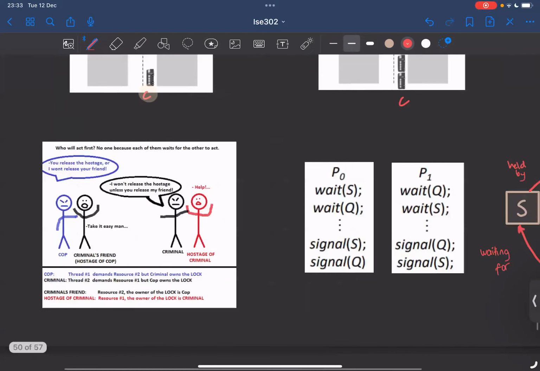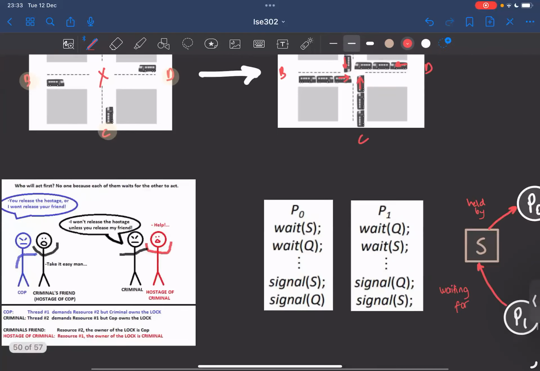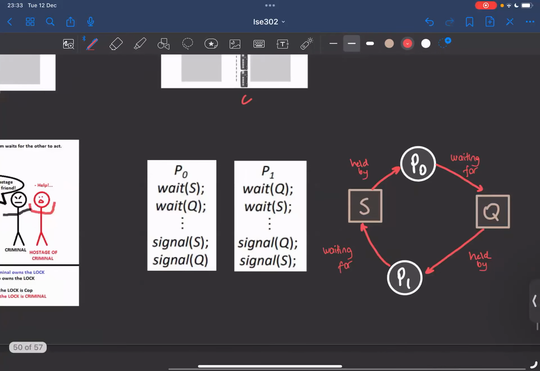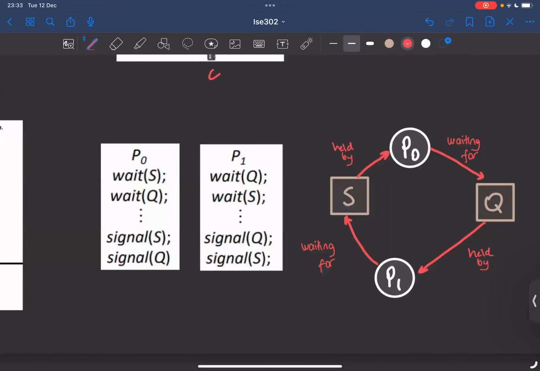So these two cases are similar to this implementation. Consider two semaphores, S and Q, both initialized to 1. The processes P0 and P1 are executing the following code.